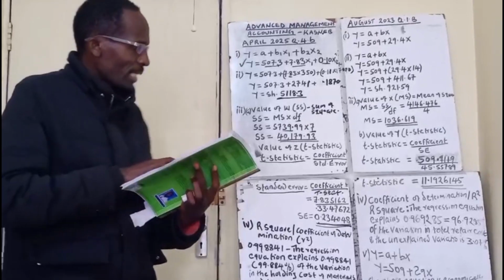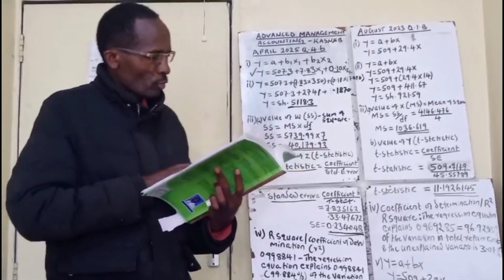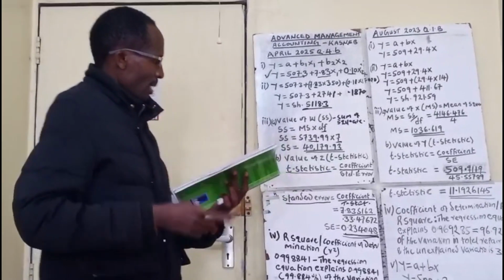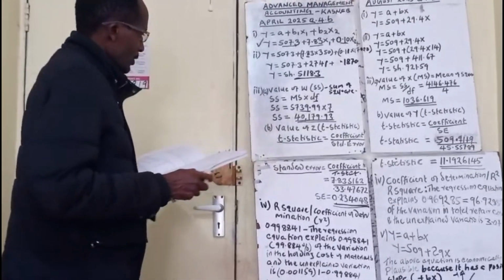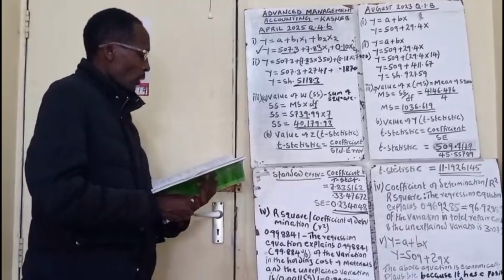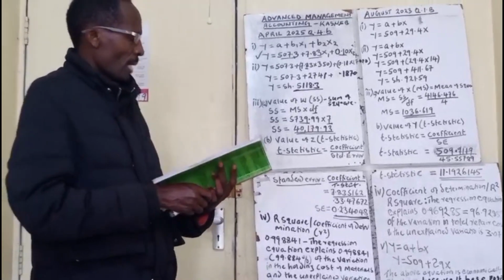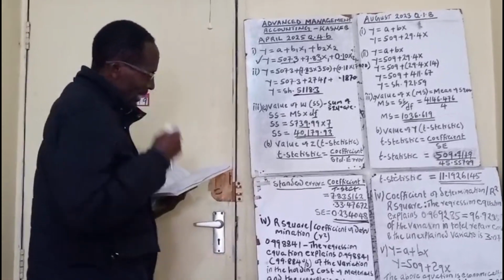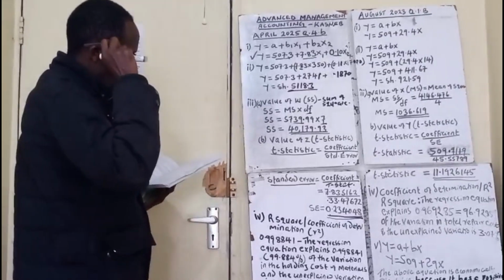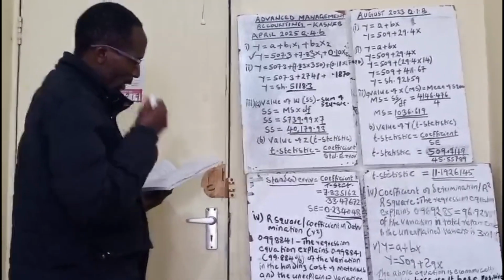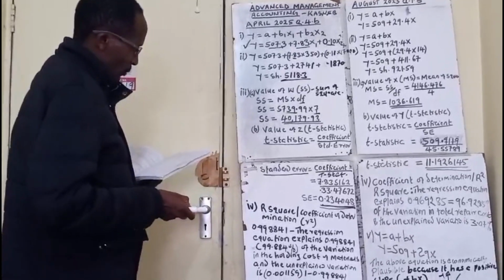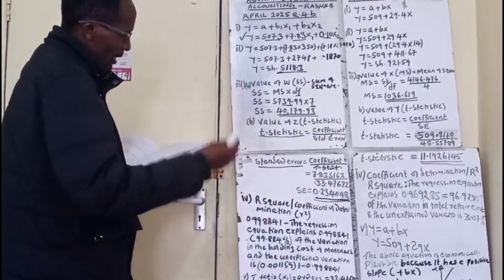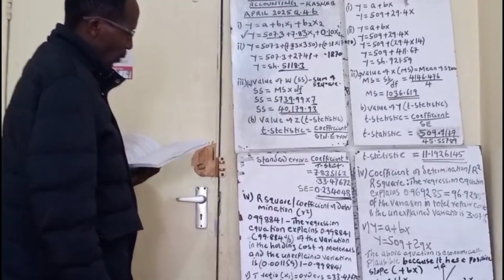Then number 4, explain the significance of regression statistic output of R square of 0.998841. Now remember, the other name for R square is the coefficient of determination. So what is the meaning of that? In other words, what does it mean by that R square? We have said that the regression equation explains 0.998841 or 99.8841% of the variation in the holding cost of materials, and the unexplained variation is 0.001159.